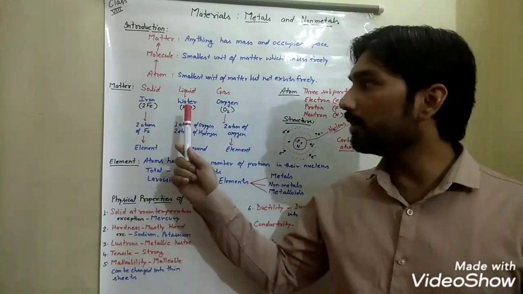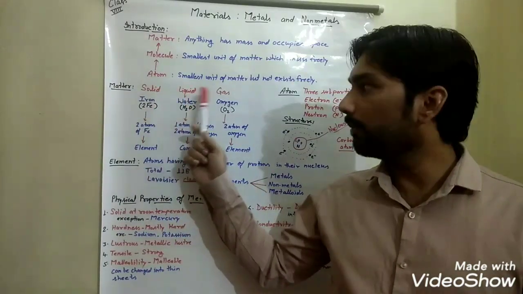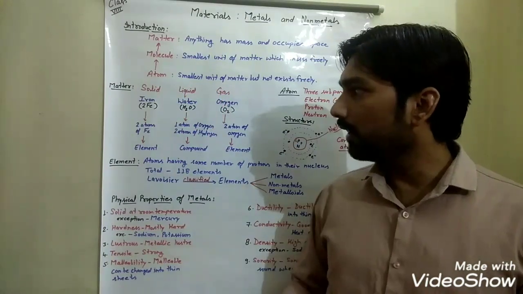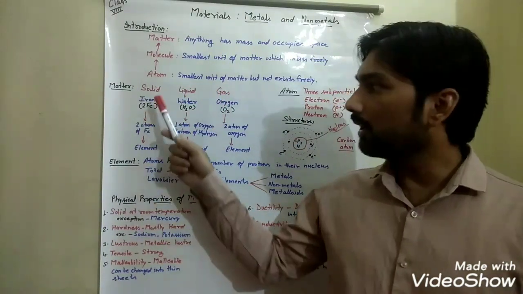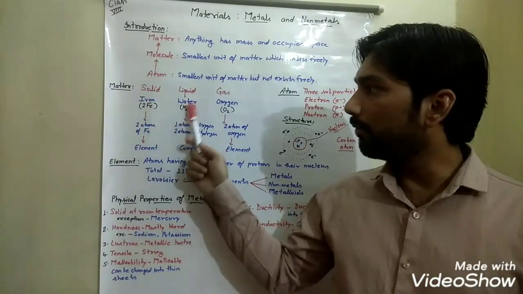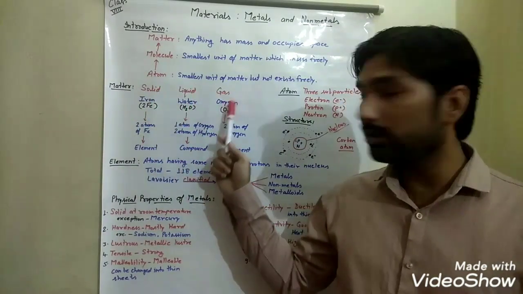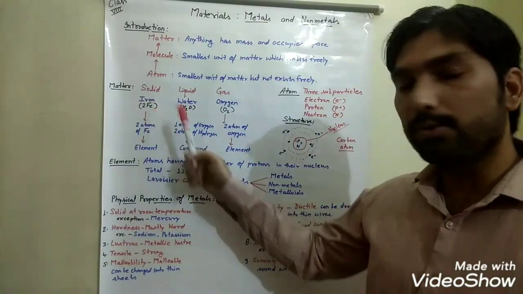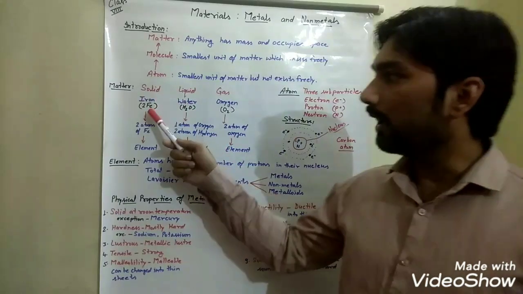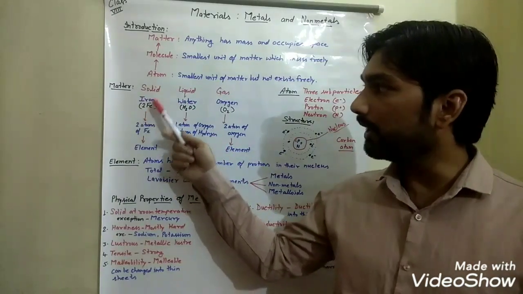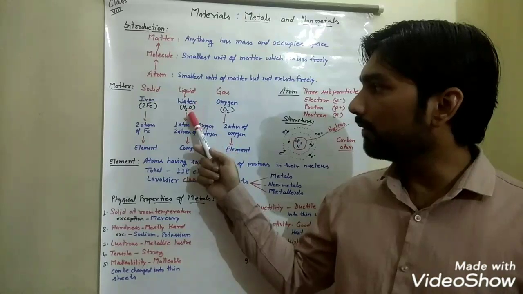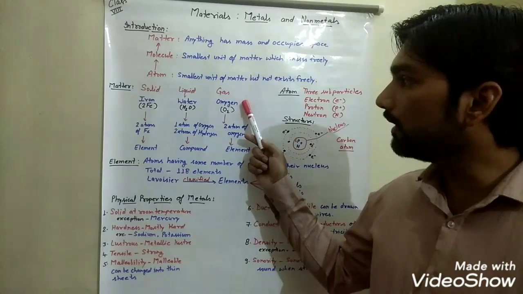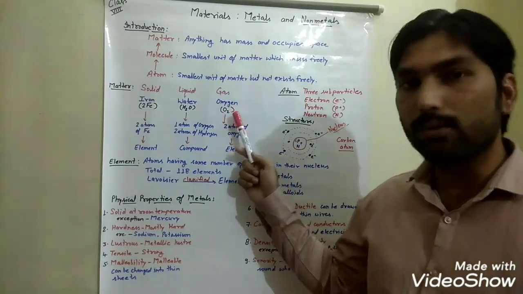Here you are observing three forms of matter, solid, liquid or gas, and I have selected a few examples: iron for solid state, water for liquid state, and oxygen for gaseous state. These alphabets represent these matters: Fe means ferrum, representing iron. Water, chemical formula H2O, represents water, and oxygen is represented by O2.